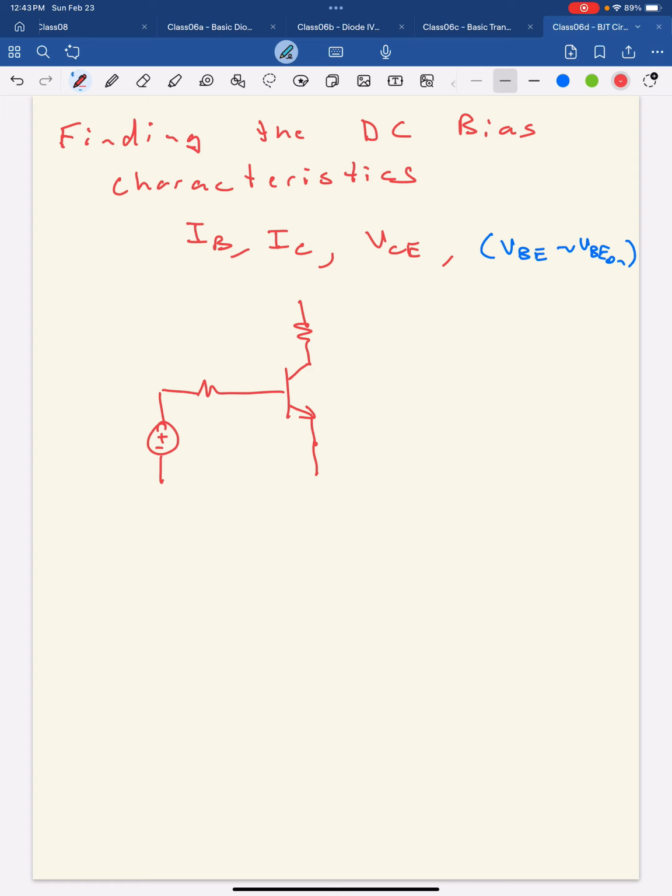It's not quite the circuit that we did in the lab. There was what was called an emitter resistor in the lab, and that adds a little bit of a complication with regard to the analysis, but we'll put that aside for the moment. So we have a V1, we have a V2, we have an RB, and we have an RC.